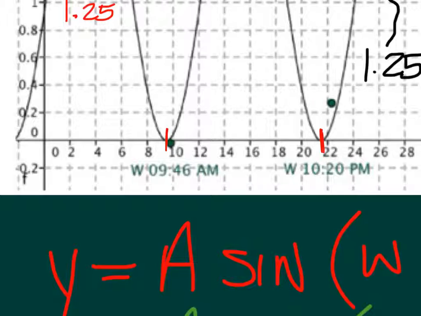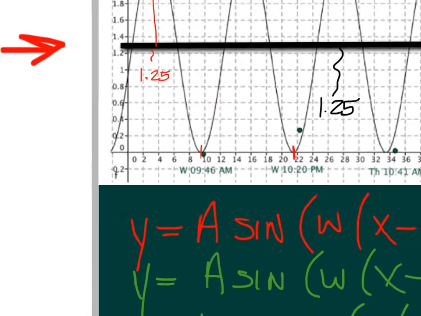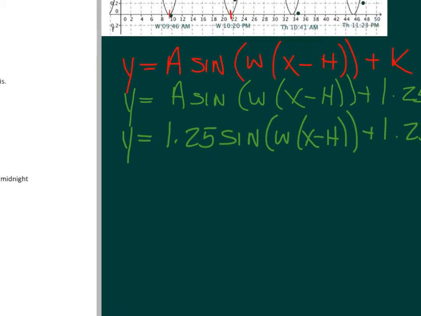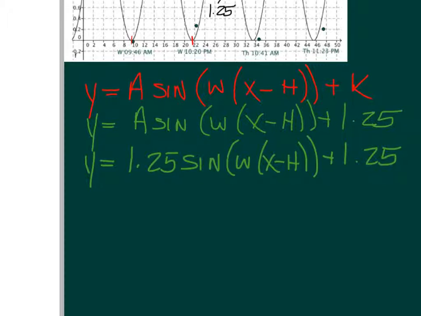What is that distance? 12. Yeah, we came up with 12 before. So we'll try 12 on this one. So if we have 12, it took us 2 pi for one revolution, and the distance on the x-axis is 12. So if we reduce that, we can come up with pi over 6.